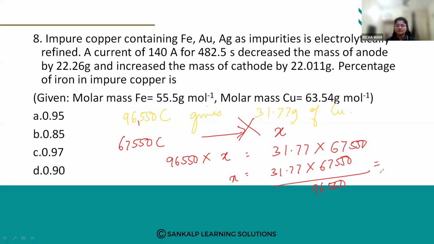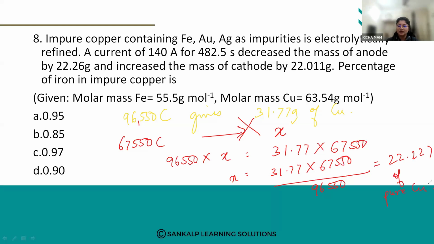31.77 into 67,550 divided by 96,550. So I got 22.227 grams of pure copper.